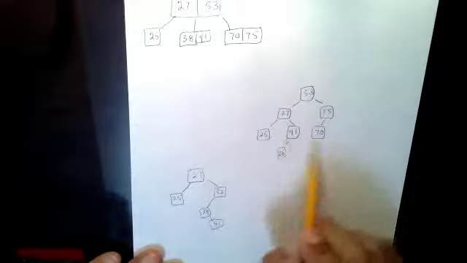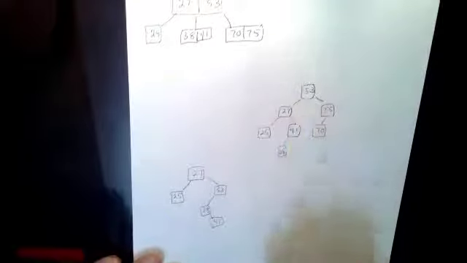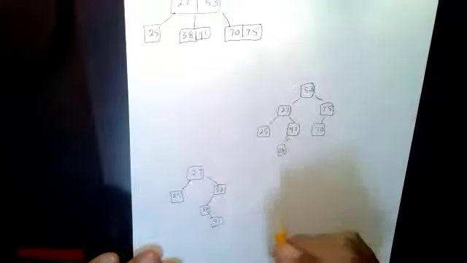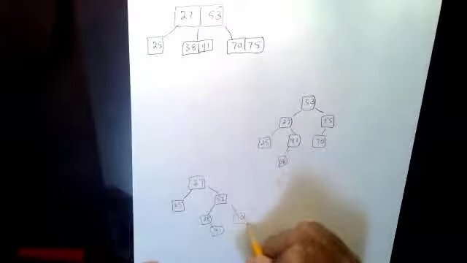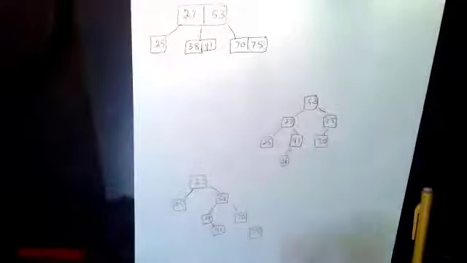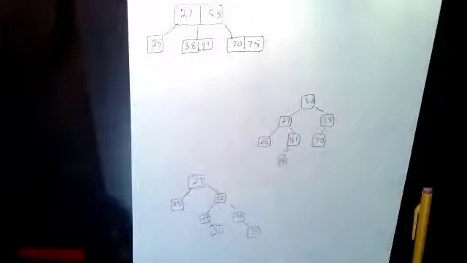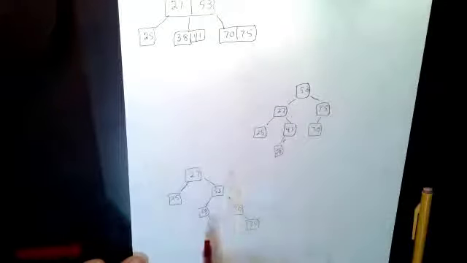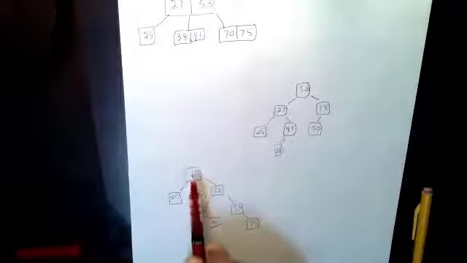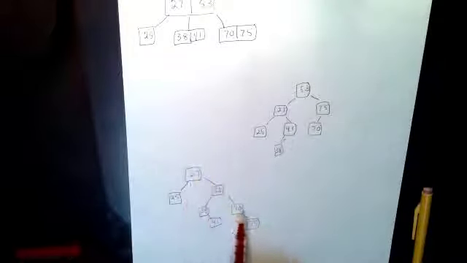Could be 41 over there and 38. So I have a couple of options of how this might end up. 53, this is a black, down to either 70 or 75, and one of those is going to be a red. So this could be a possible solution. But my problem would be, how can I get from here to here? Again, from every parent to every leaf, there's the same number of blacks, and there can't be two or more reds in a row. So that meets the criteria.